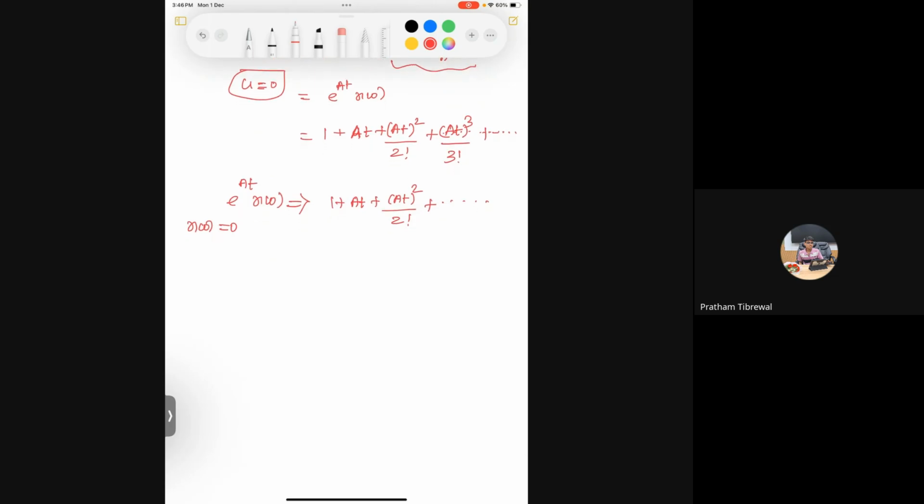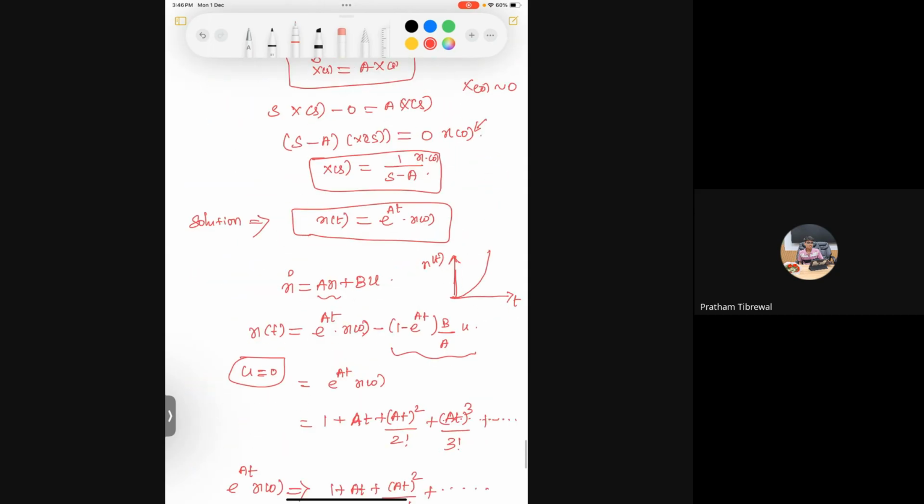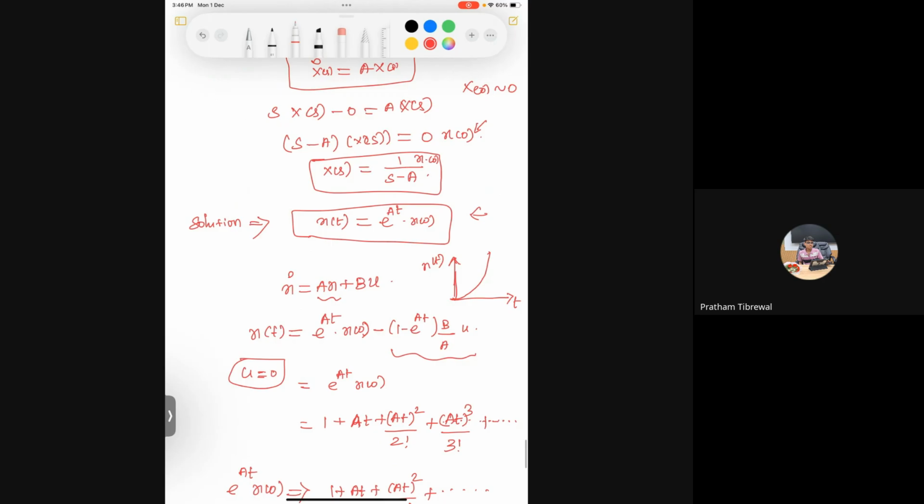Keep this in mind. Now, I can say whether your system is stable or not from this equation, right? If this is e power at, it is unstable. If we get something like e power minus at, then it is stable.